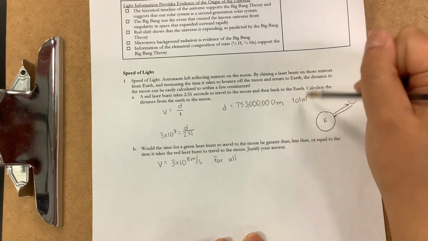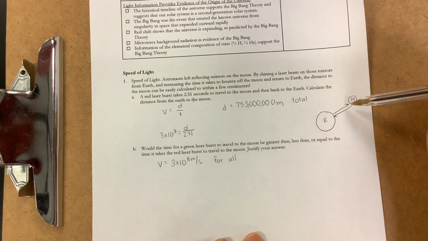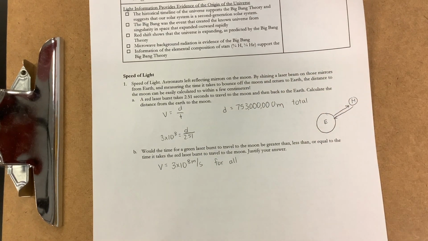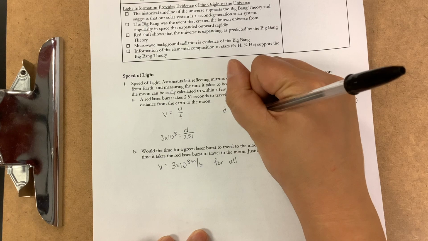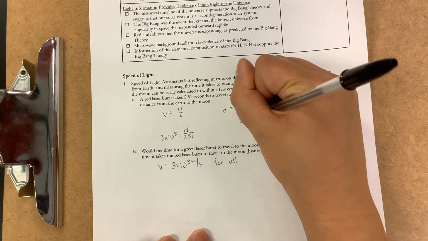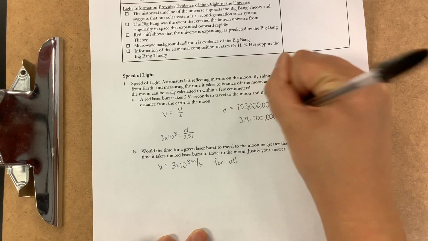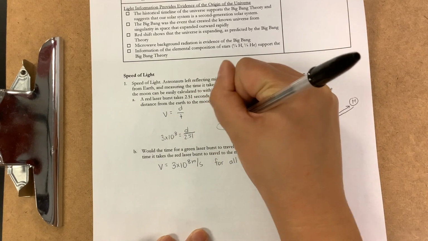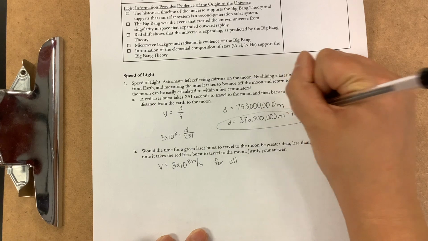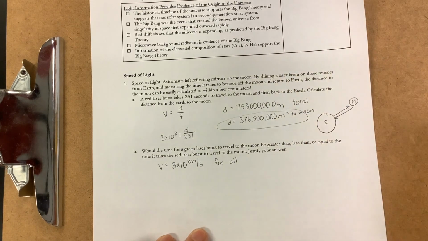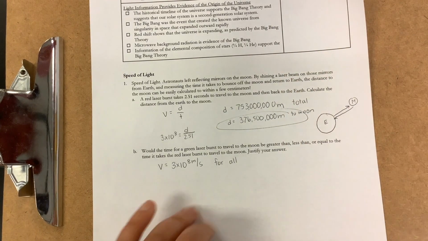So if it's this number total, then the distance from the Earth to the moon would be half of that. So half of that would be 376,500,000 meters from the surface of the Earth to the surface of the moon. Right? Cool.